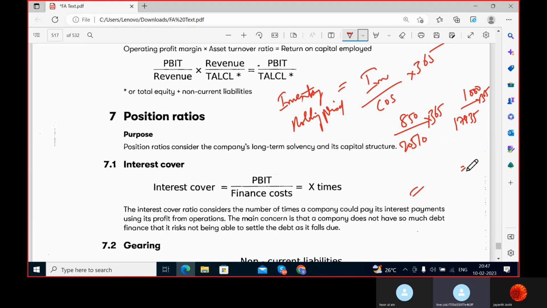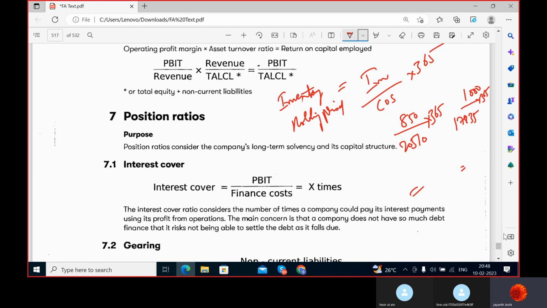So I'm getting 15.1 and 20.4, sir. No. How come?